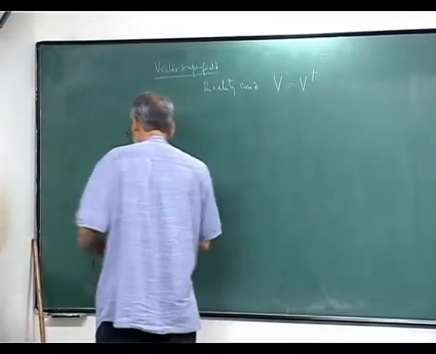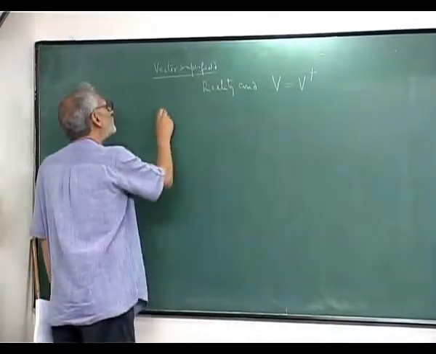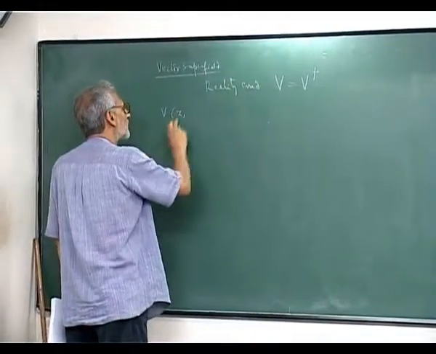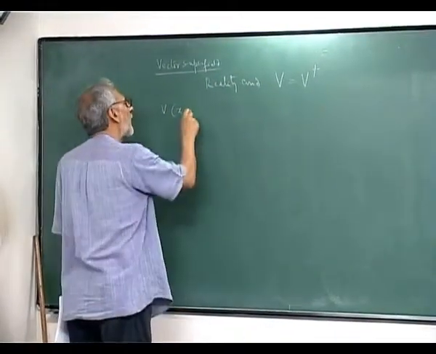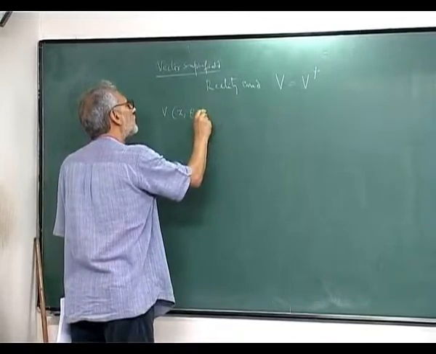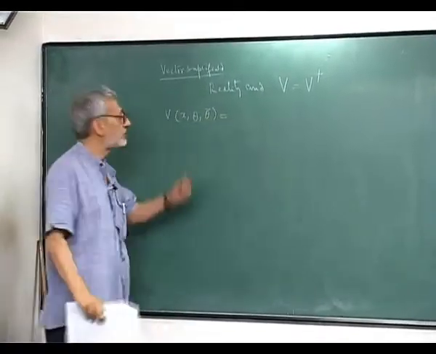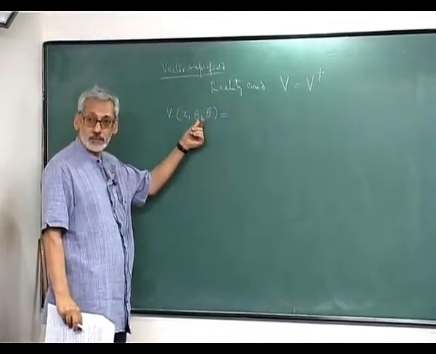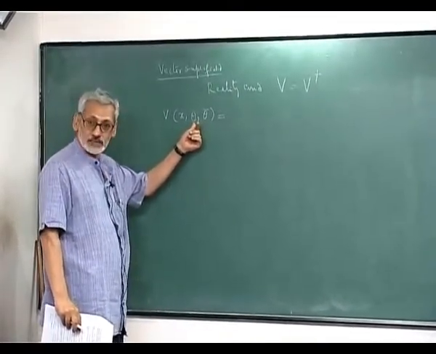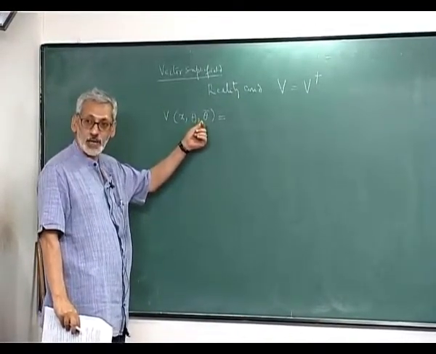Now, the most general form of a vector superfield depends on space-time and the set of anti-commuting coordinates, 2 thetas and 2 theta bars.